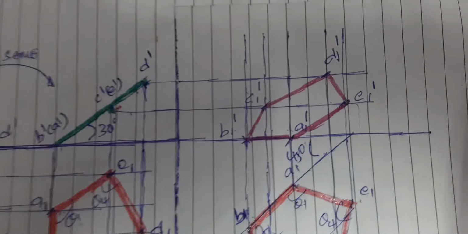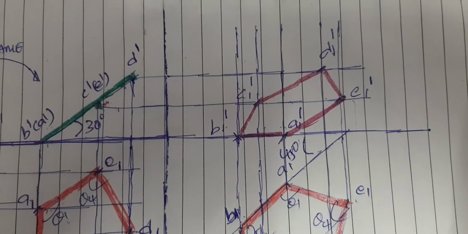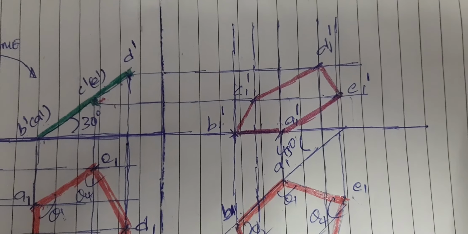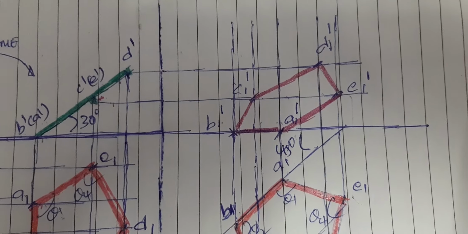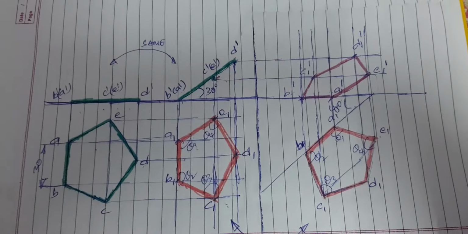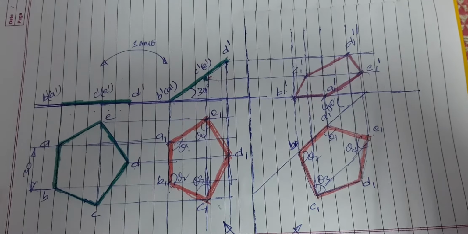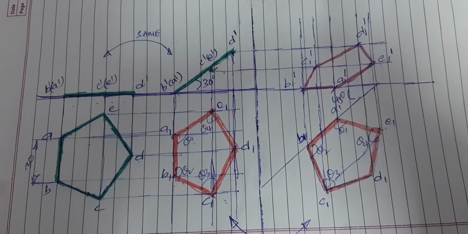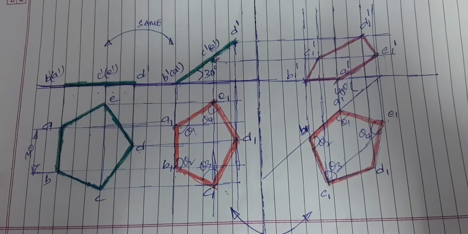So now this is the front view of the plane when it is viewed from front side, and when it is placed on the ground like this. Likewise, if you draw the 6 views, you will get 15 marks. Okay, got it?